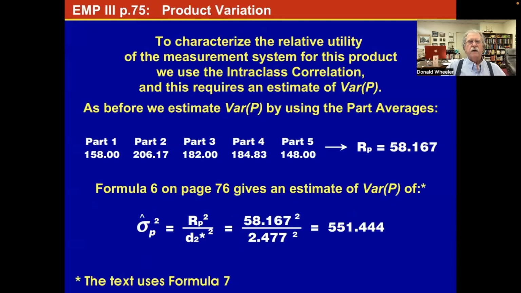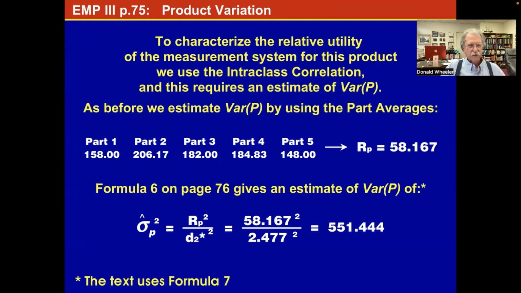To characterize the relative utility of the measurement system for this product, we use the interclass correlation, and this requires an estimate of variance of P. As before, we estimate the variance of P by using the part averages. An average for each part. The range for those five averages is 58.167.